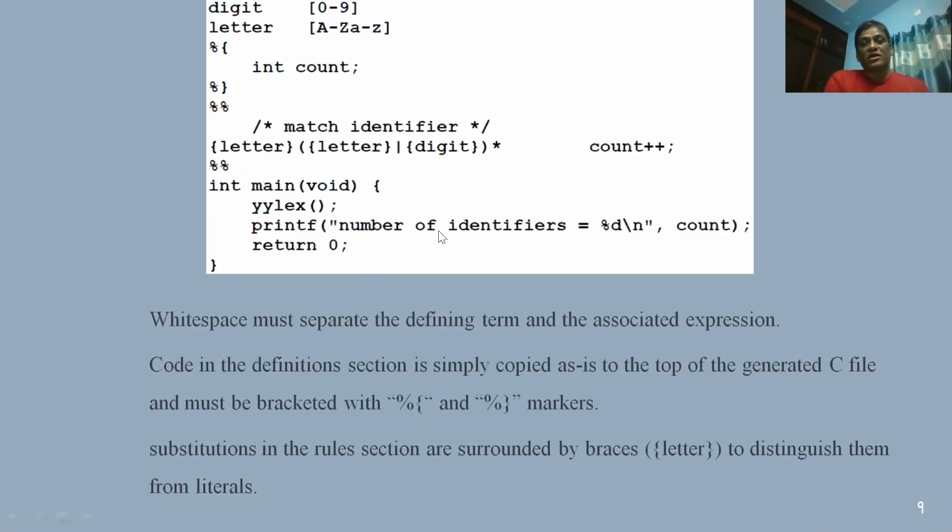Then we have this printf over here because it's a C program: number of identifiers is equal to percent d, comma count. Return 0 indicates the successful completion of your program. So whatever source program is given as input to the Lex program, it counts the number of identifiers in the program and displays it with the help of the printf function. Okay, all right.